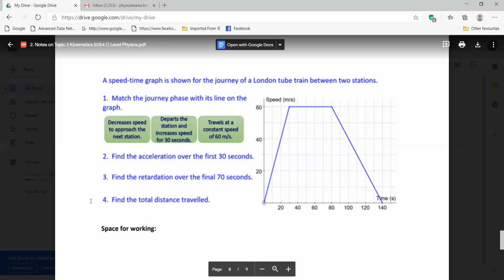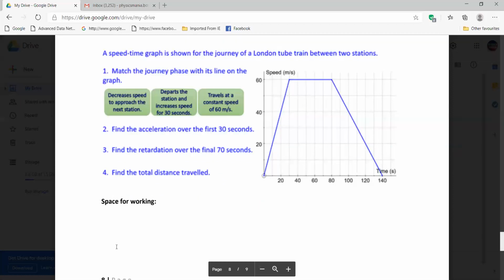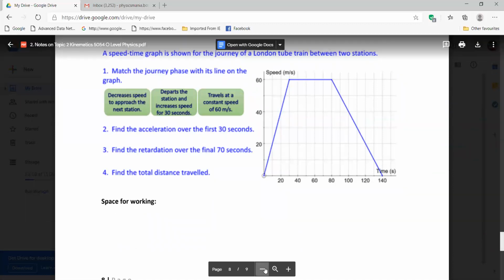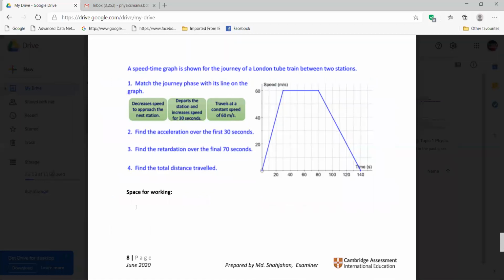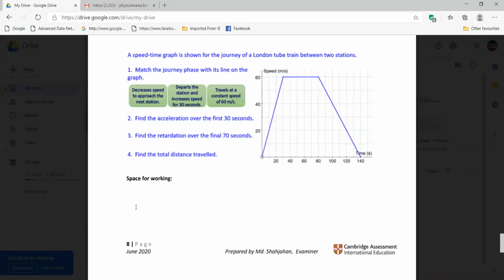Tell me. Sir, should I find the acceleration? Can you do the working here, please?